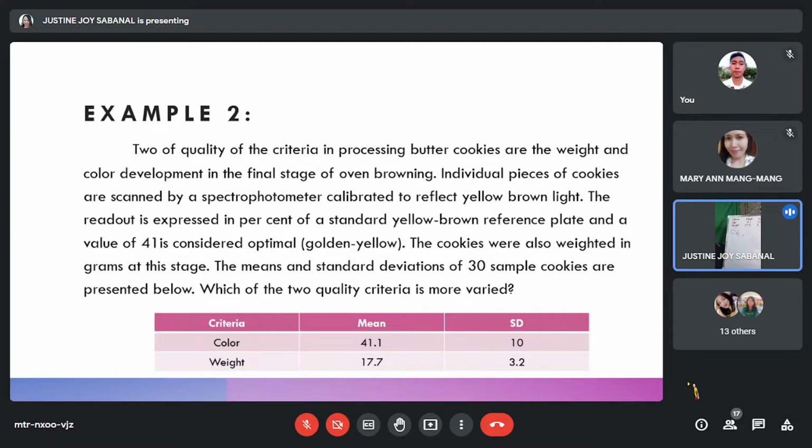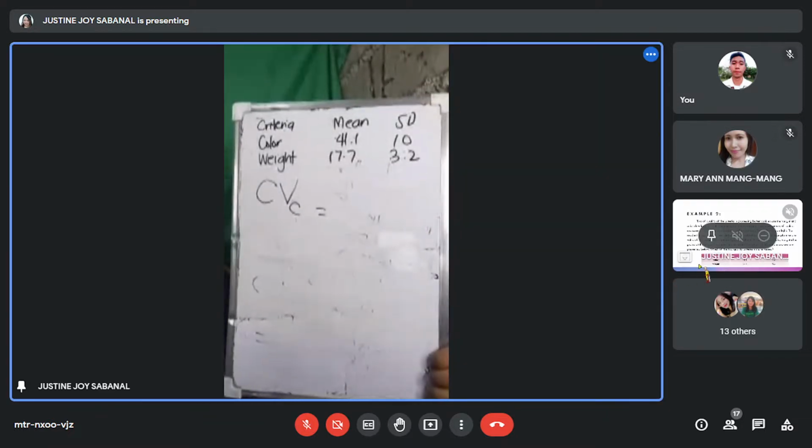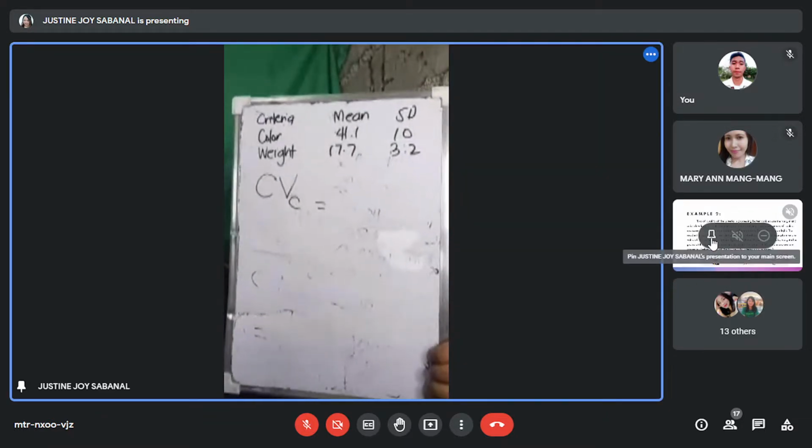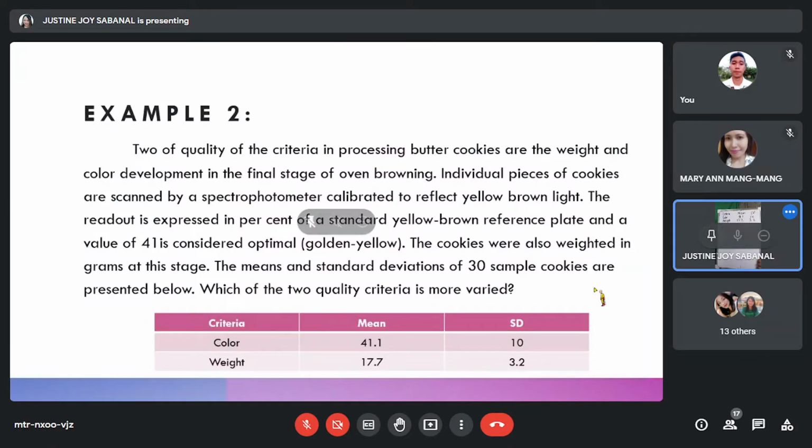So, ano po ang ating magiging solution dito? Paki-dictate po. So, yung formula natin na standard deviation over the mean.